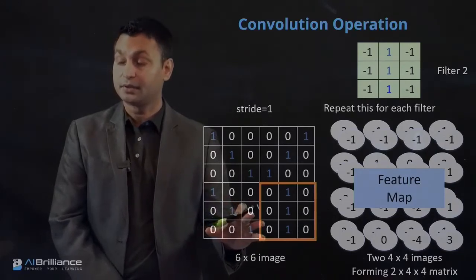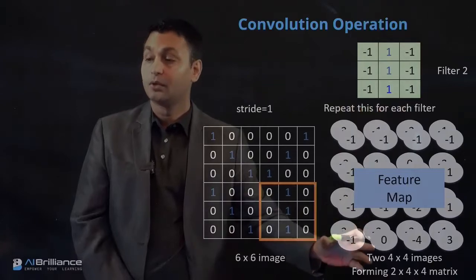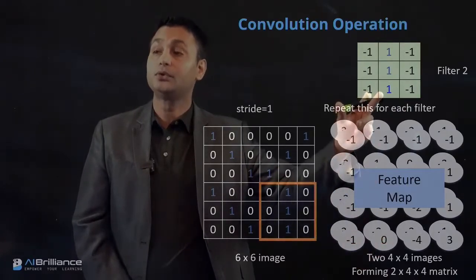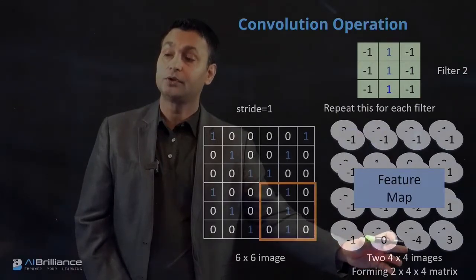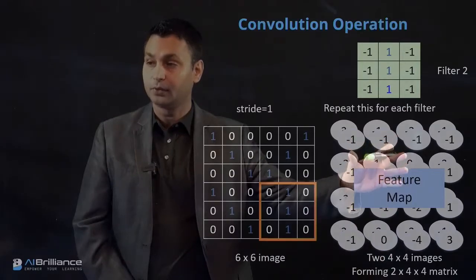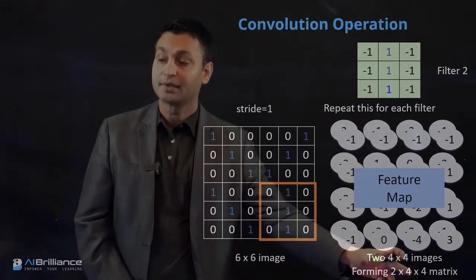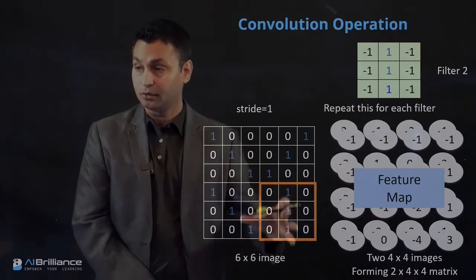We have a 6x6 image, but when we compute the feature map after the convolution operation, we essentially use 2 different filters, filter 1 and filter 2, and the dimension of the feature map will be 2 images, one for filter 1 and one for filter 2, but the size of the images will be 4 times 4, because we are taking this convolution operation.